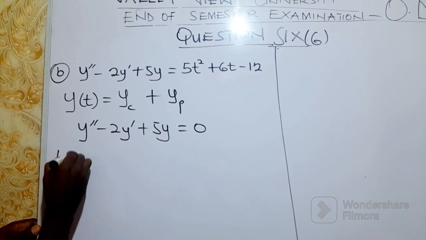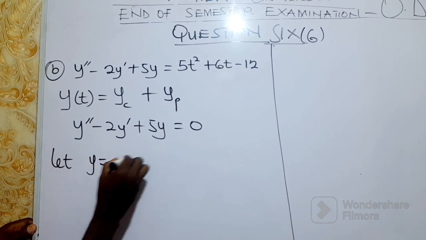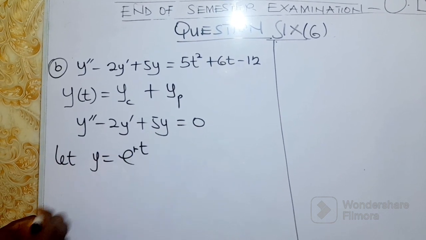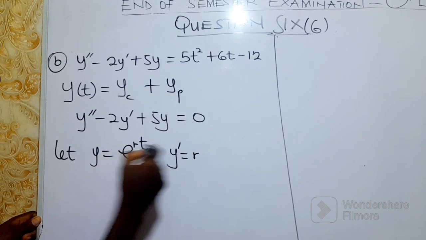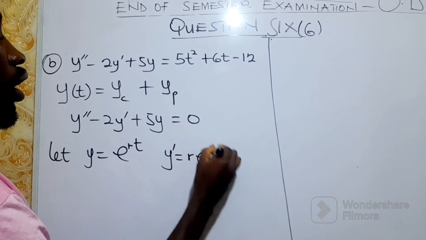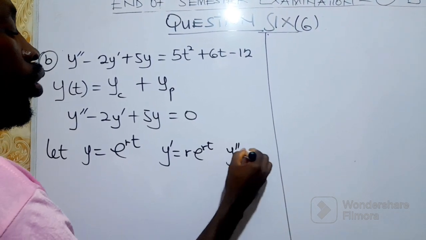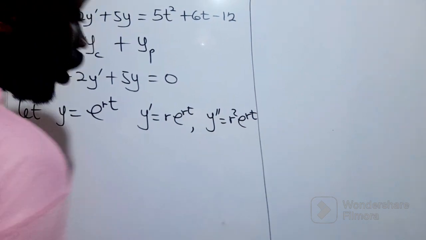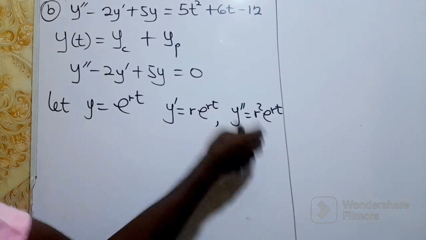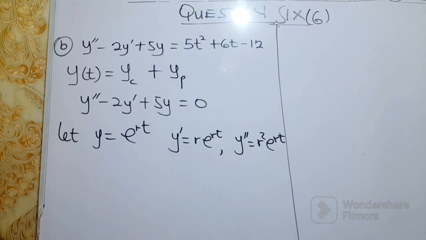So we let our y be equal to e exponent r t. Then we find our y prime. That's we differentiate this. We get r e exponent r t. Then y prime prime will be equal to r squared e exponent r t. Having gotten that, we substitute this into the equation.